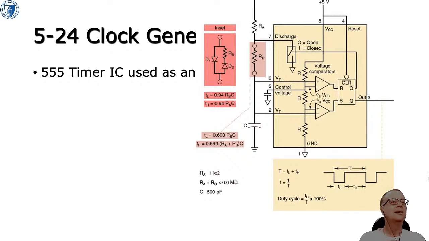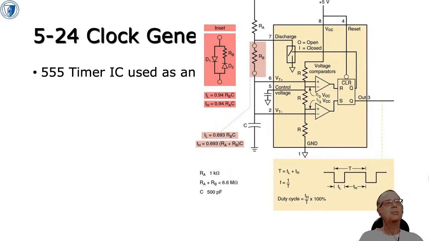Now there's an external capacitor that sometimes you want to put on there, and that external capacitor on pin 5 lets you keep the threshold voltages constant. And what else do I want to see here? That's about it. You do need external components, primarily for that control voltage, but also for setting the frequency.